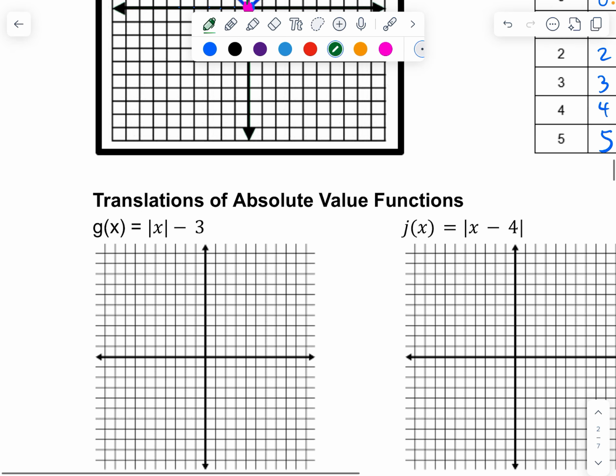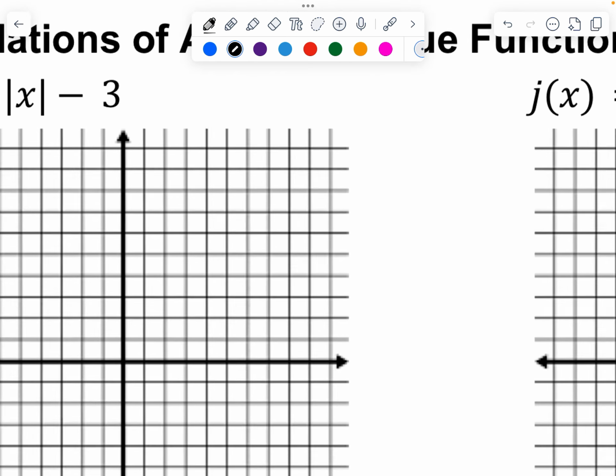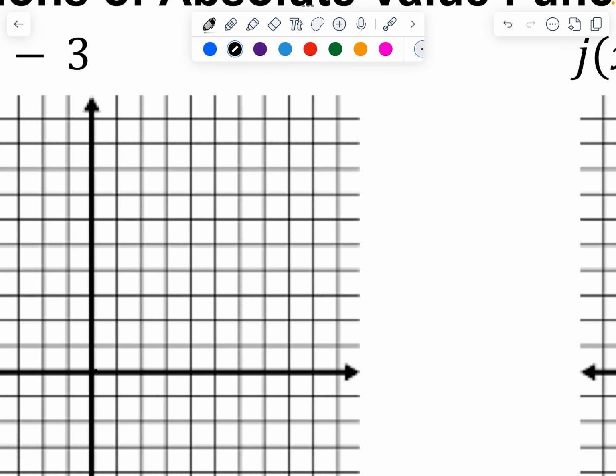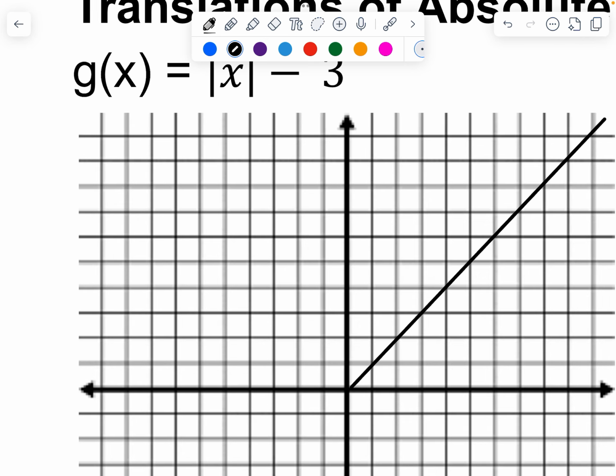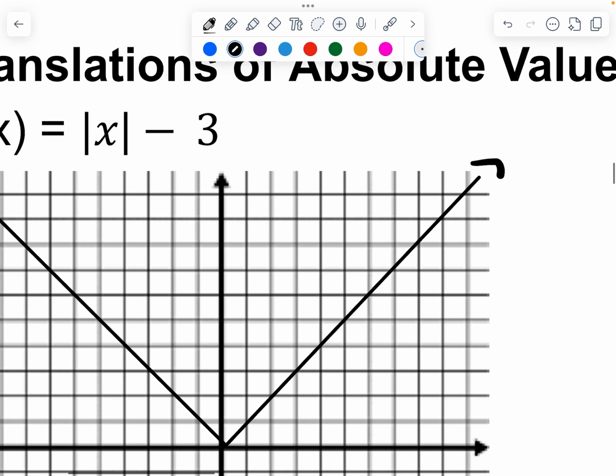Now when I draw this, I always like to draw my parent graph. Oh, that was really ugly, but that's okay. So this says that I'm going to go down 3.